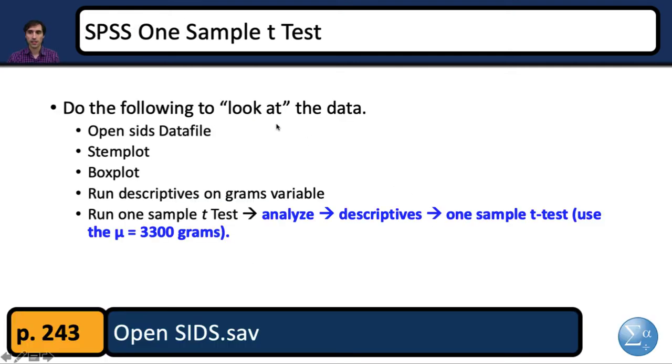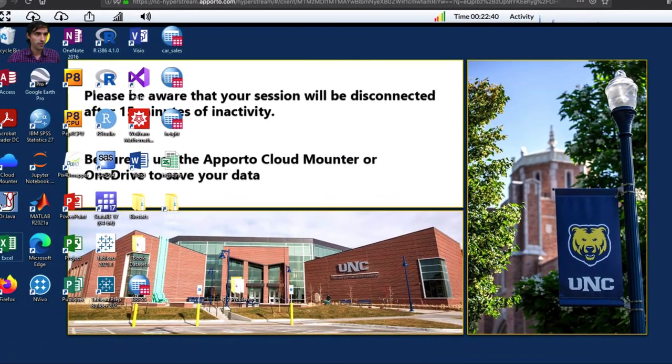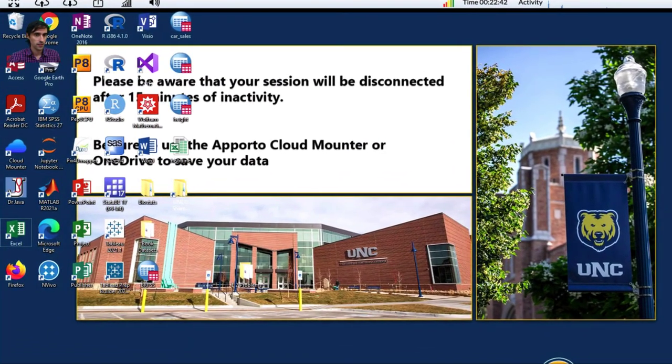So let's try out this data. I'm actually going to try this here with you, so that way you can see it, and then we might be able to practice it. If this doesn't work out, then I'm going to delete this. Okay, I need to open up SIDS.